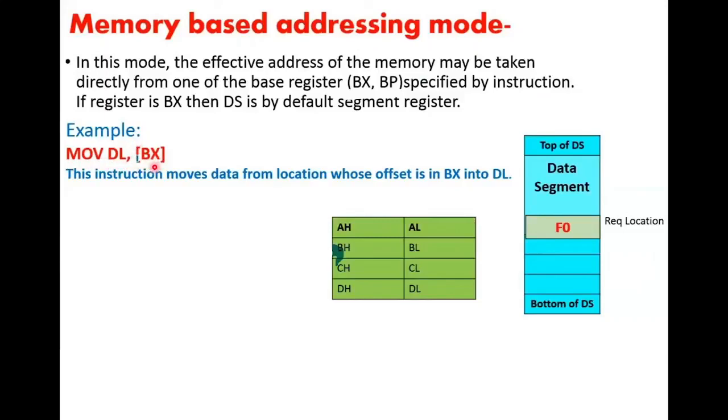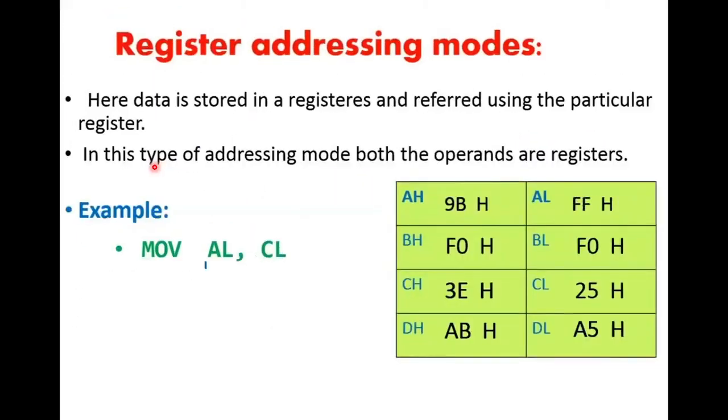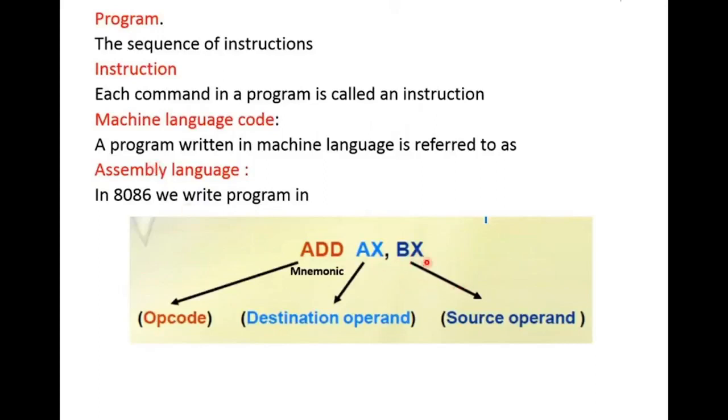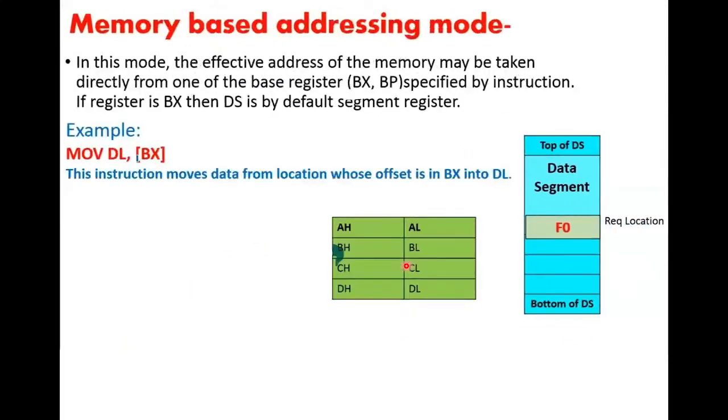In register addressing mode, if BX is given without square brackets, then you should understand that whatever 16-bit data is there in BX, we are going to add that value, as in the ADD instruction. But if it is given with square brackets, then this is nothing but a memory location. It is not data, it is a memory location.